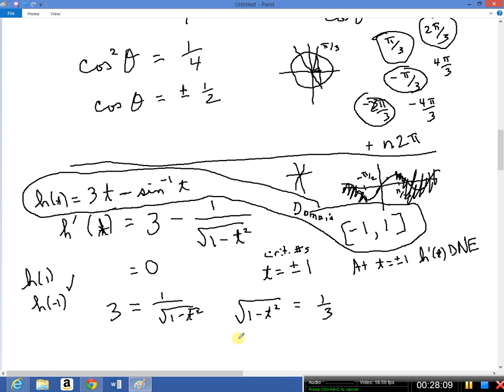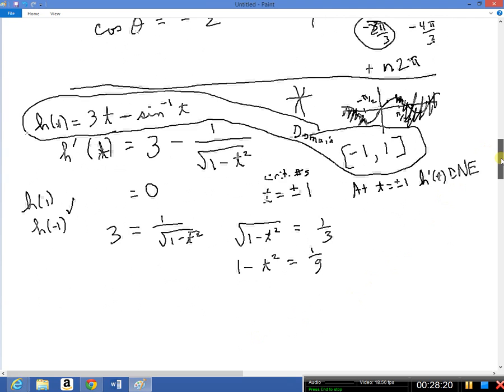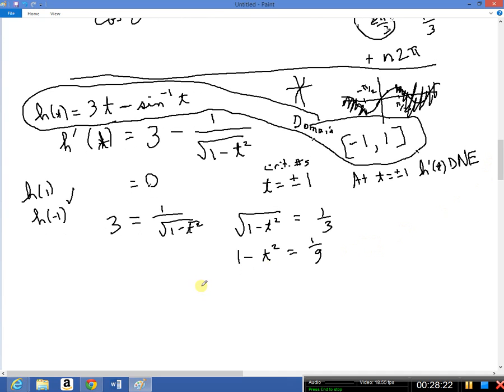Now I can square both sides and get 1 minus t squared equals 1/9. Switch the sides again, so move 1/9 to the left and t squared to the right. So we're going to get 1 minus 1/9, which is 8/9, equals t squared. So t is going to be equal to plus or minus the square root of 8/9. And that's good enough because the question only asked what are the critical numbers.